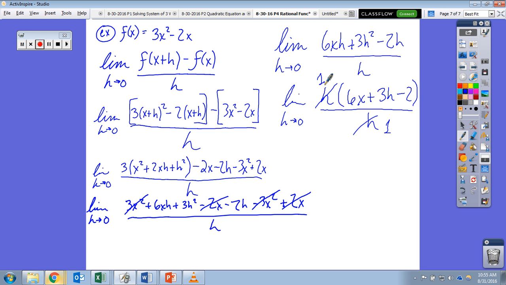Why? Because it's a limit. It's not saying let h equal 0. That's different. A limit is what value something is approaching. So as h approaches 0, if you can remove it, that is acceptable, and then you can just plug in 0, and that will give you the limit.